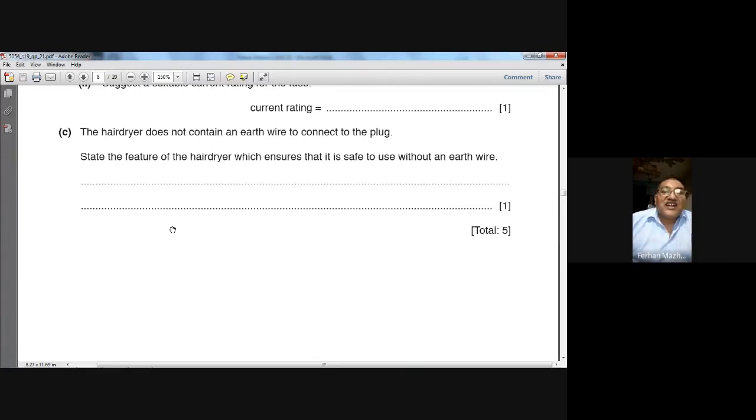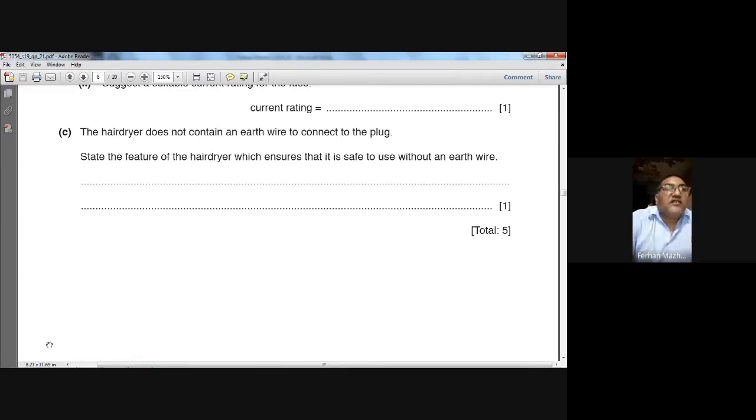So if the live wire comes in contact with the outer casing of the hair dryer, the live current cannot reach the hands of whoever is using it, because the hair dryer's body is made of plastic, so it's insulated. So no need of the earth wire. The answer is it has double insulation.